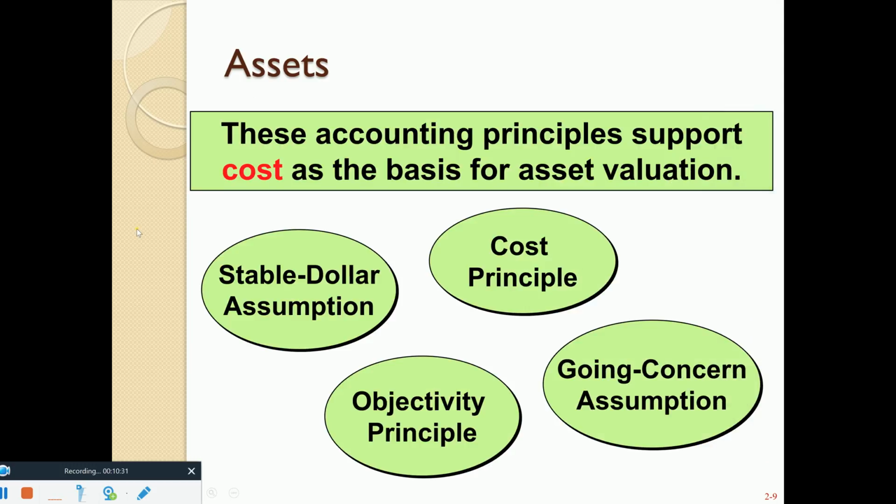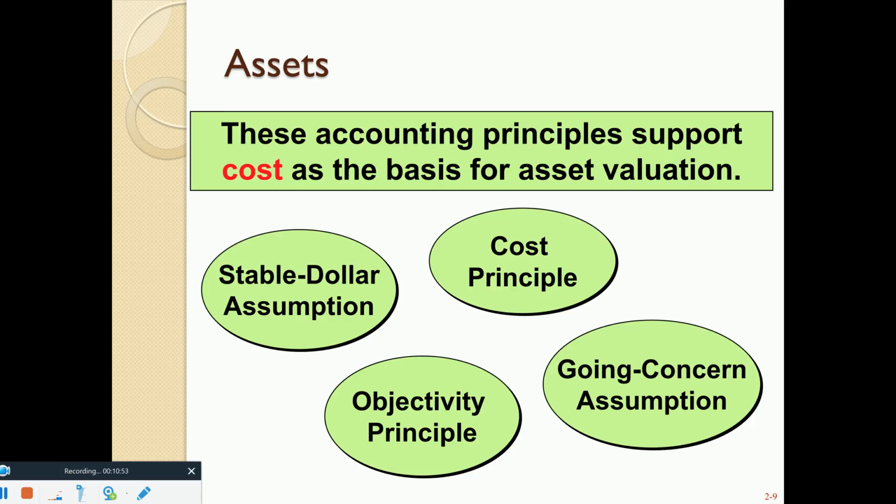All right, couple of principles that we need to understand here. The first oval you see here says stable dollar assumption. Now I know there's a whole bunch of foreign countries out there where their currency is not stable. There's a lot of inflation or deflation.